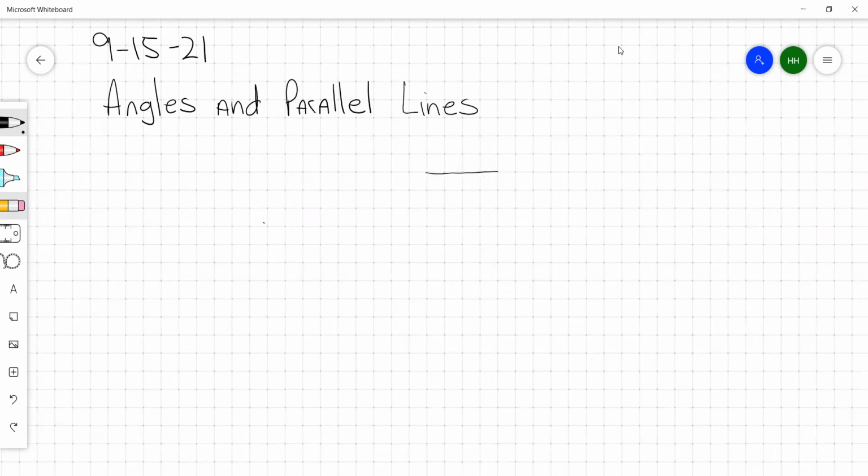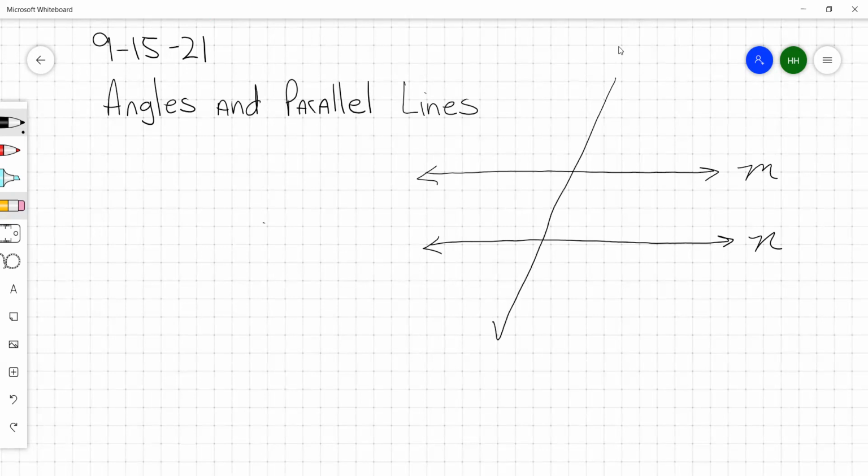Yesterday you just had two lines cut by a transversal. Today you're going to be working with these two lines again, line M and line N. But M and N today are going to be parallel to each other. And this transversal is still T. Now, here is a symbol that you'll see.